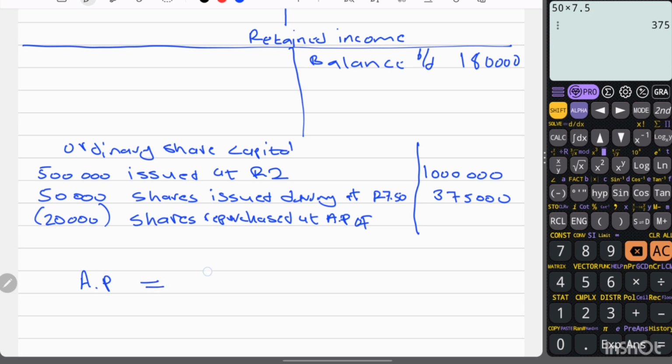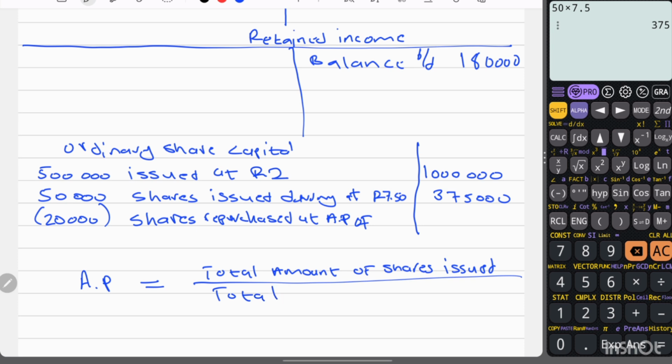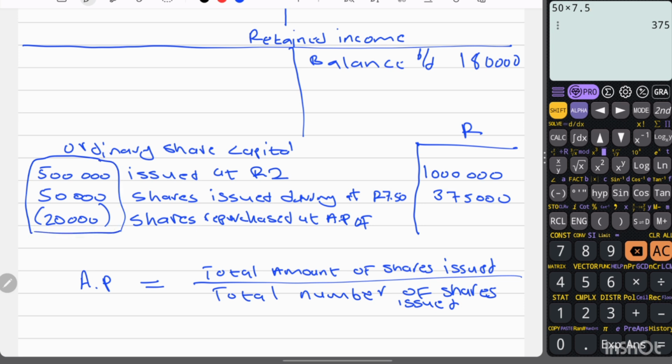It equals the total amount of shares issued divided by the total number of shares issued. When I'm referring to the total amount, I'm referring to this side. When I'm referring to the number of shares, I'm referring to this side on my left.